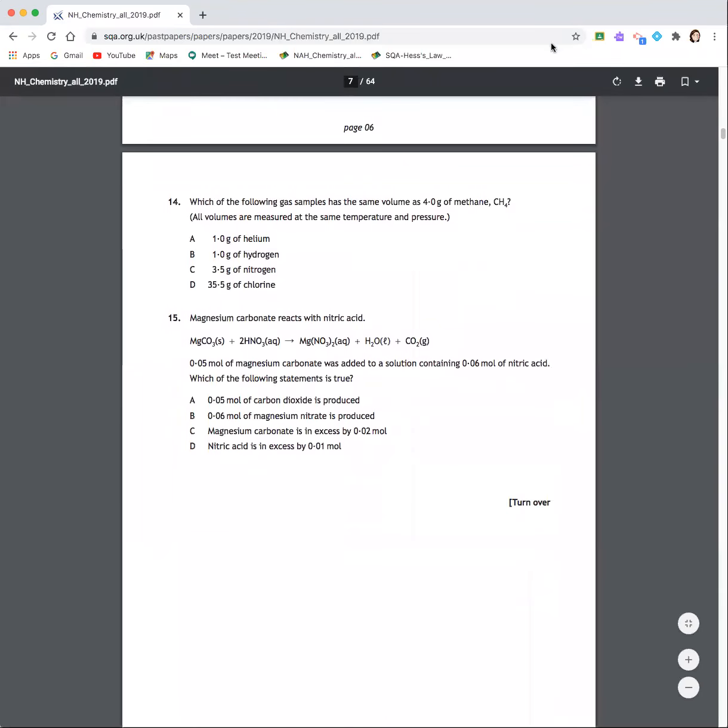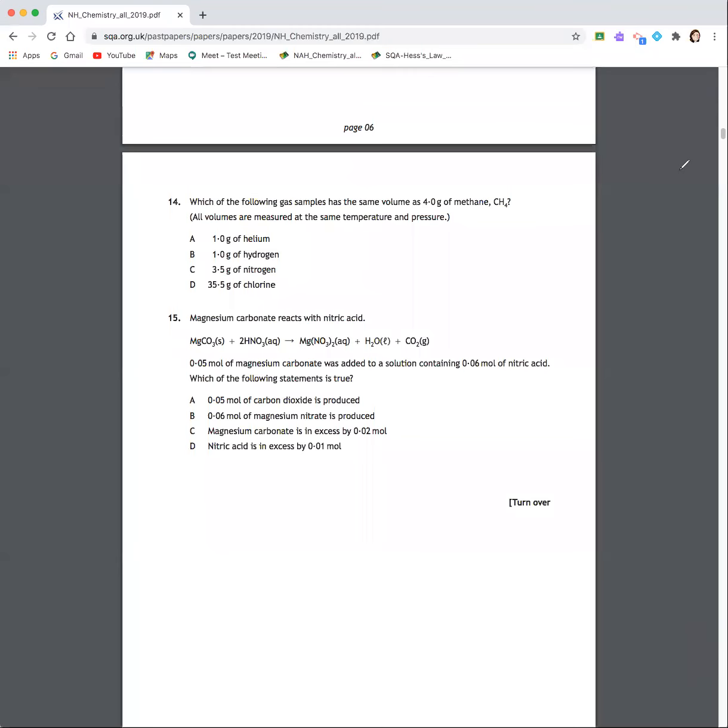So then question 14, which of the following gas samples has the same volume as 4 grams of methane? So remember, this is doing molar volume, and for molar gas volumes, if you have the same number of moles of a gas, you'll have the same volume. So really you need to calculate how many moles of each of these gases you have. I like to use this triangle here for the relationship of molar volume.